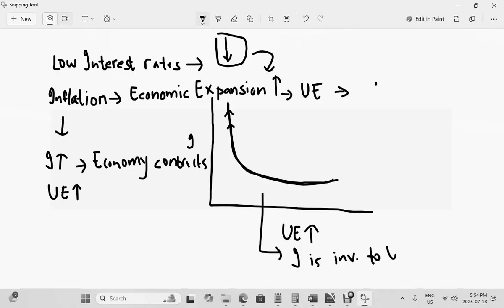If you write this in terms of a formula, this will be inflation equals 1 over unemployment, inversely proportional.